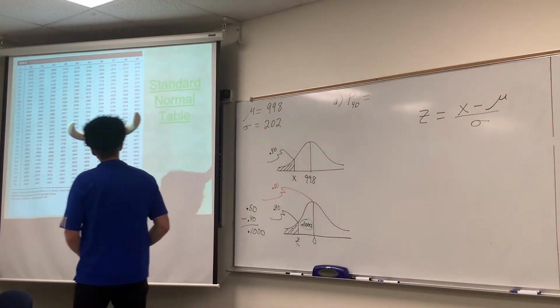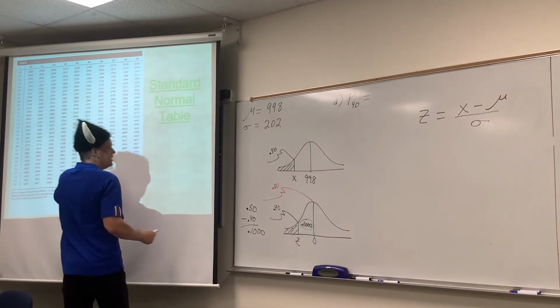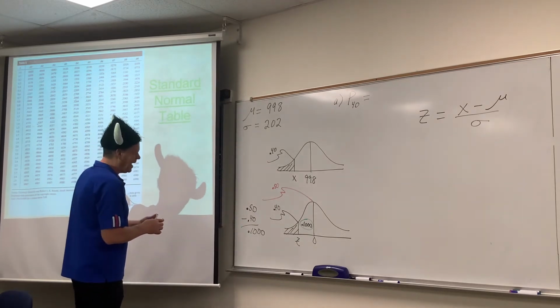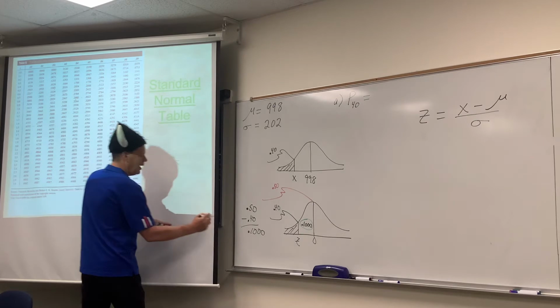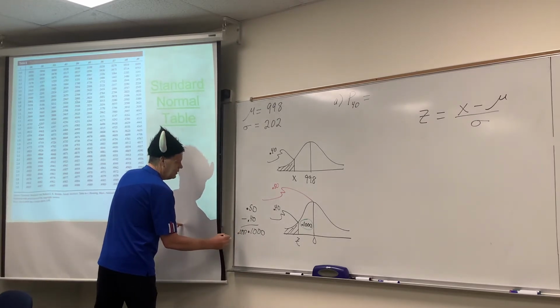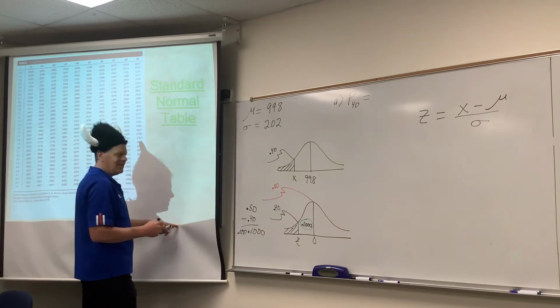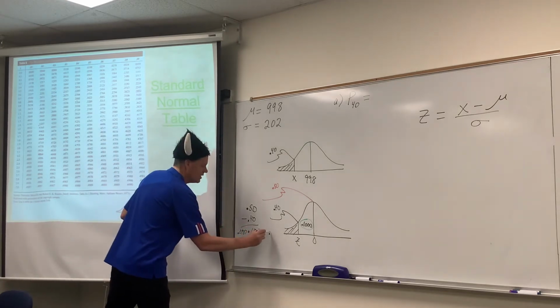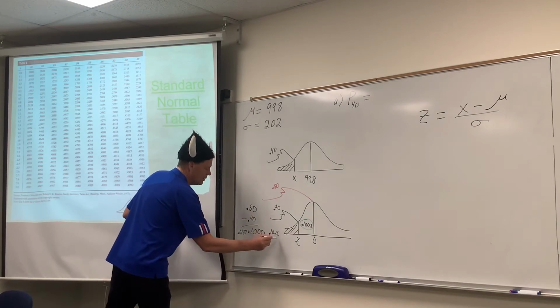So 0.1000. A lot of times I just drop the decimal and think of it as 1,000. I see 0.0987 over here in the table. Sorry, I didn't plan ahead the best. 0.0987 and 0.1026 are the two that surround it.